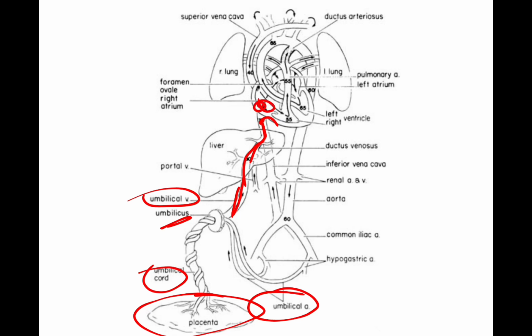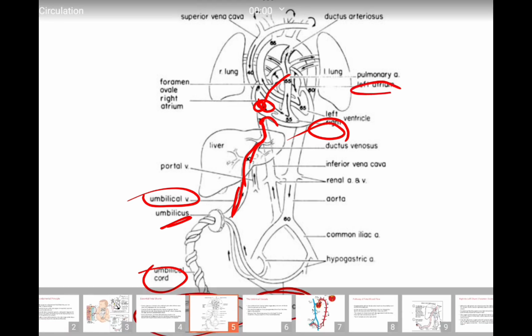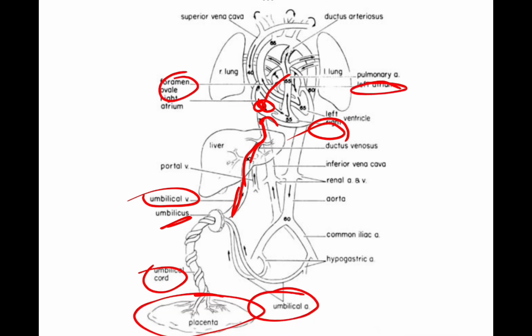In the right atrium, instead of moving to the right ventricle, it bypasses into the left atrium through the foramen ovale. From here, a little amount of blood enters the right ventricle and goes through the pulmonary trunk to the lungs. This little amount of blood is supposed to supply the lung tissues, as we can see here.